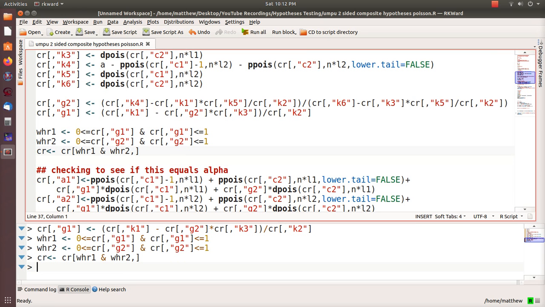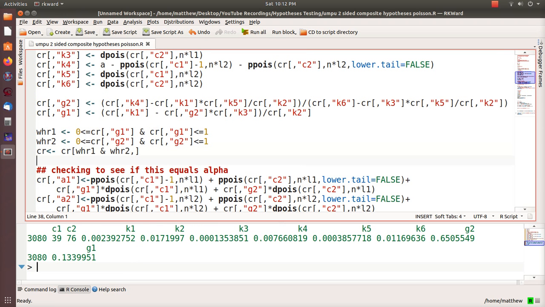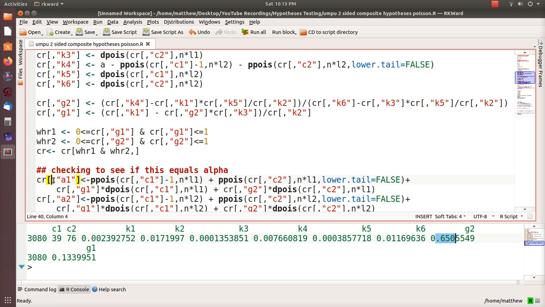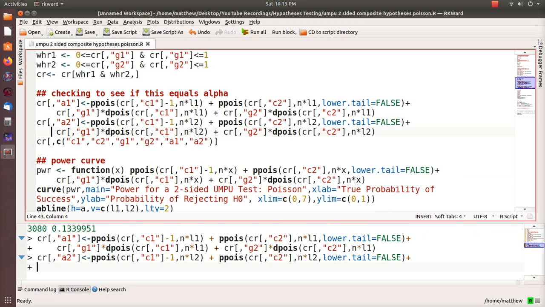And we now have one solution. This is it. C1 and C2 are 39 and 76, and gamma 1 and gamma 2 are this. Let's check to see if it does equal alpha. This is the theoretical.